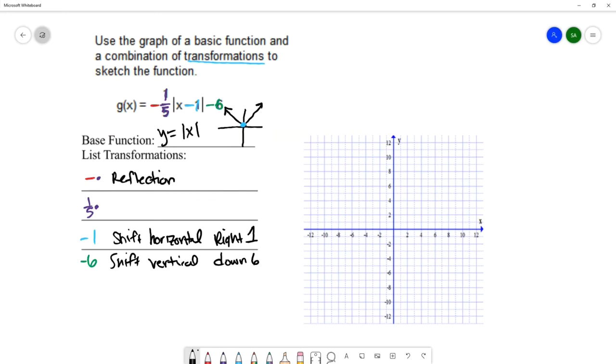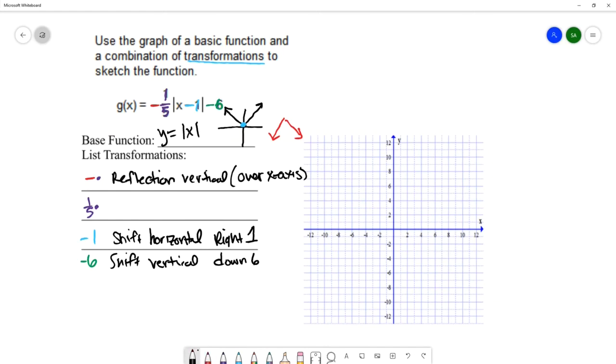Horizontal is going to be on the inside. So because that negative is outside of the absolute value, this is a vertical reflection. And that means it reflects over the x-axis. So that tells me that instead of our graph being a V, it's going to turn upside down.